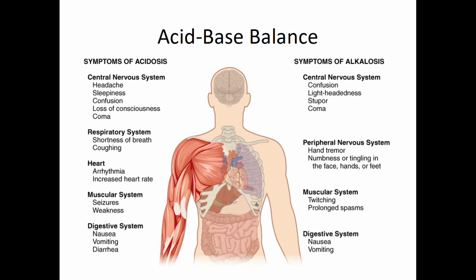What's important here is if you look at alkalosis, you're going to see confusion, lightheadedness, coma. So you're noticing there's some overlap, and that's where things get complicated. With the digestive system, you're going to see nausea and vomiting in both versions. And this can be an issue, that it's not necessarily always easy to tell what's going on here.